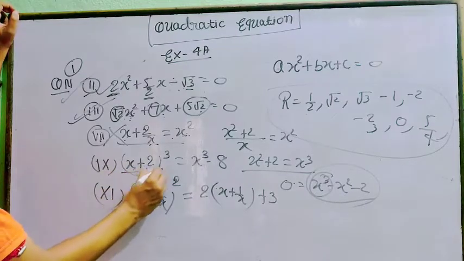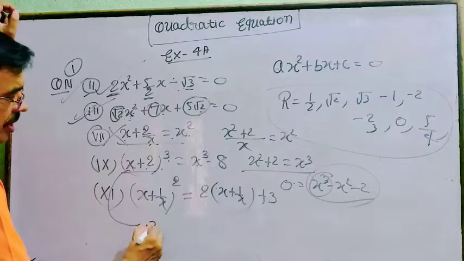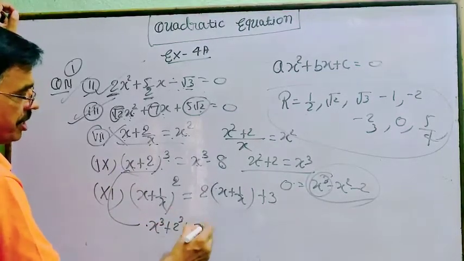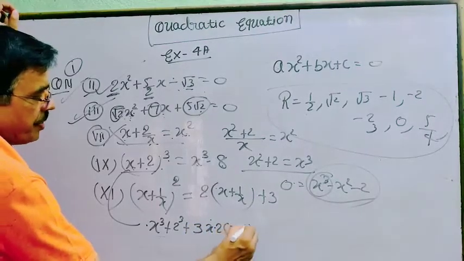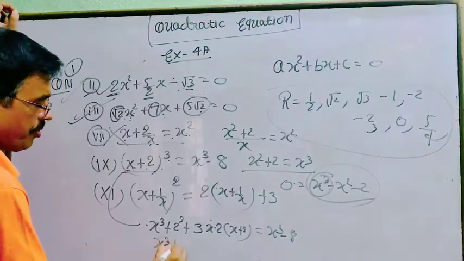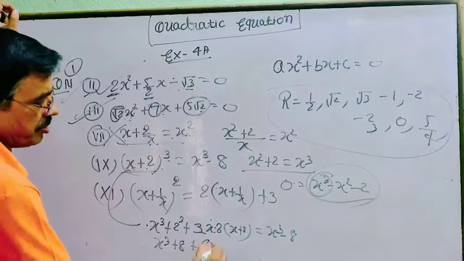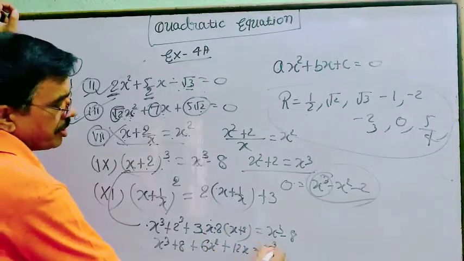Similarly, here is x plus 2 whole cube equal to x cube minus 8. When you solve it, what do you get? Using a cube plus b cube plus 3 into a into b, bracket a plus b, it is x cube plus 8 plus 3 into x into 2 into bracket x plus 2, that is 6x square plus 12x, equal to x cube minus 8.